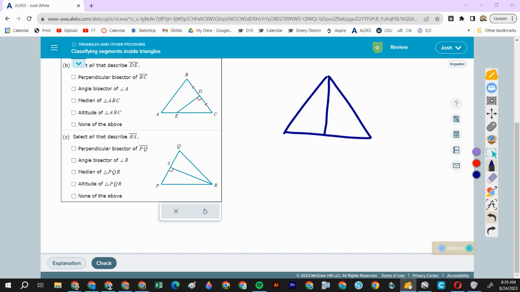If all the sides are equal, it is a median, and an altitude, and a perpendicular bisector, and an angle bisector. So if this side is equal to this side, then that line fits all four qualifications. It's all four of them at the same time.